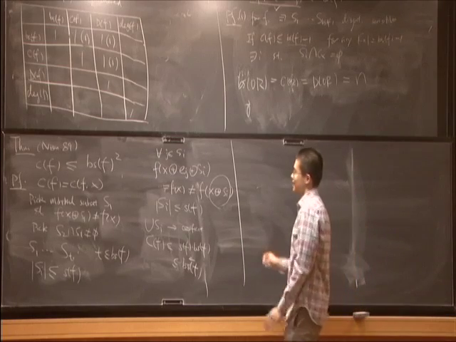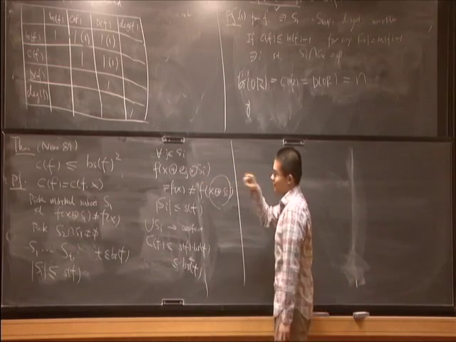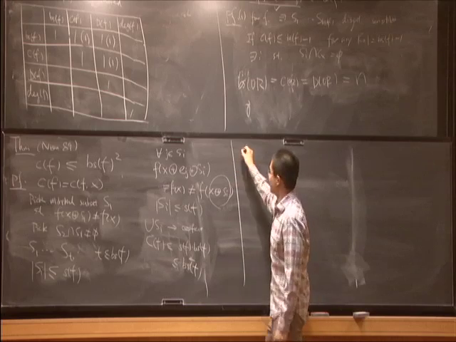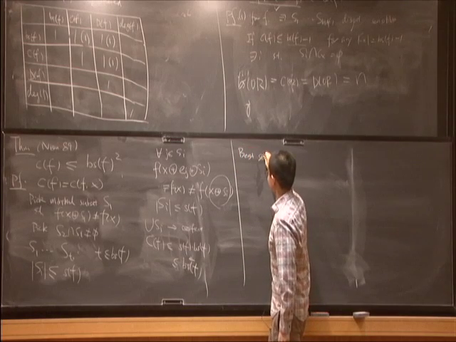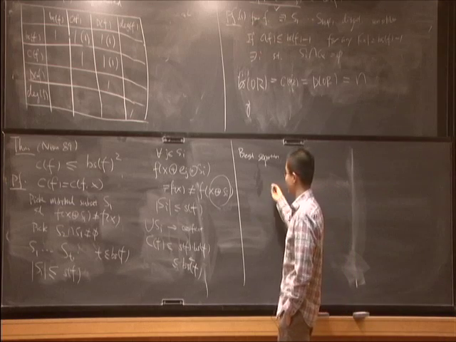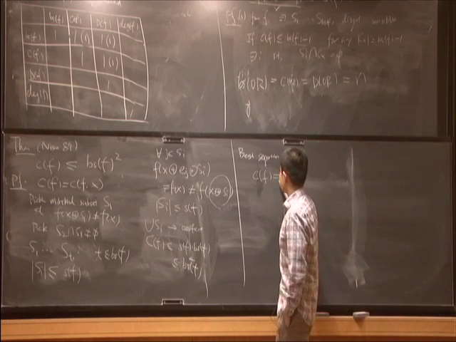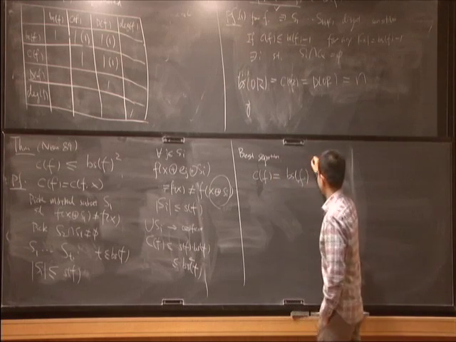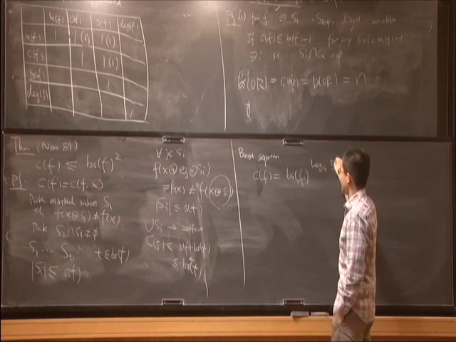And now we can see this is the best separation we know; it's not quadratic. The best separation is C of f equal to the block sensitivity to the power of log base 4 of 5.